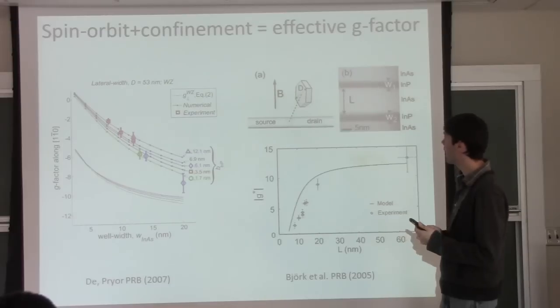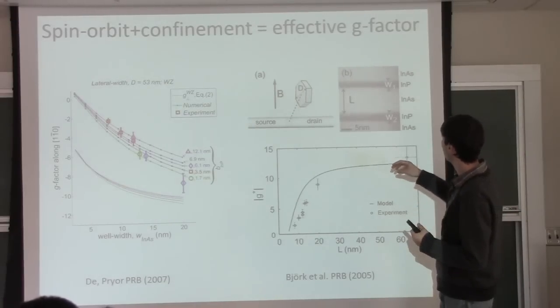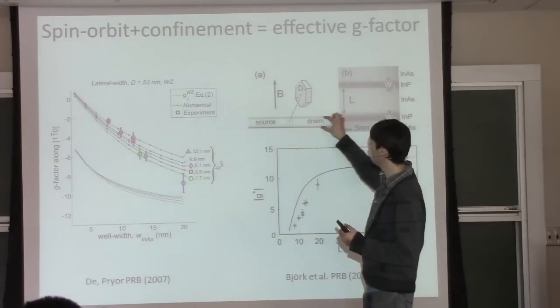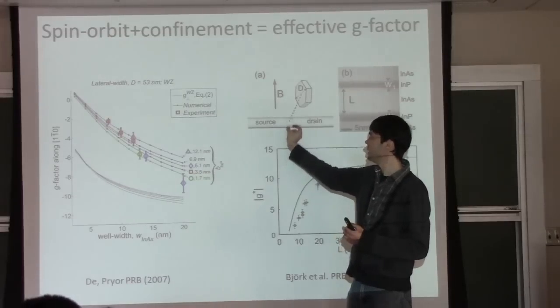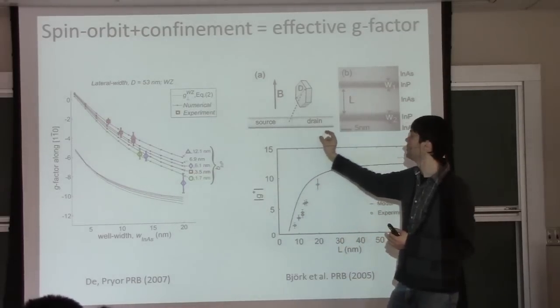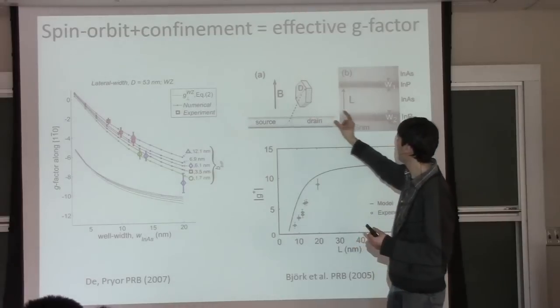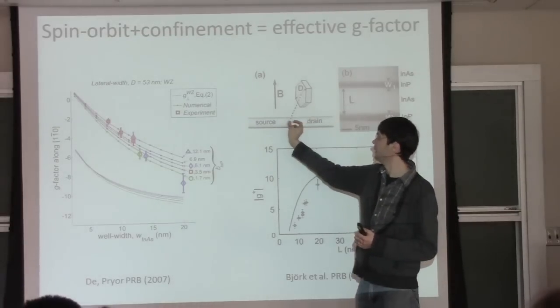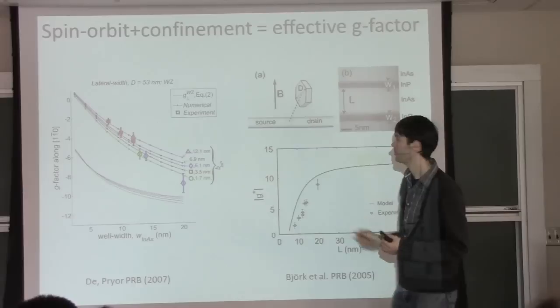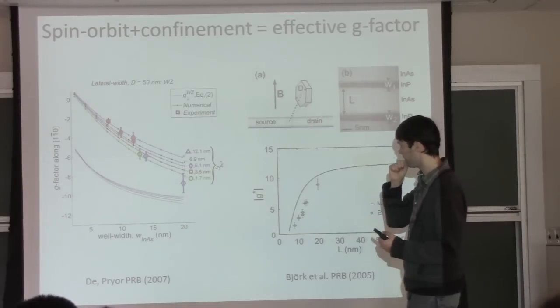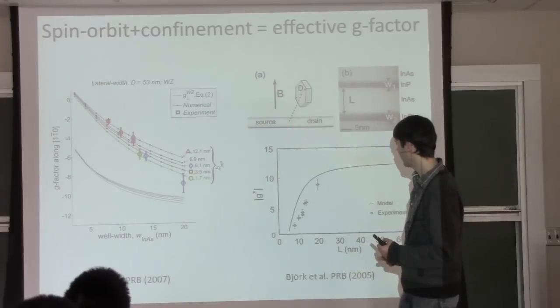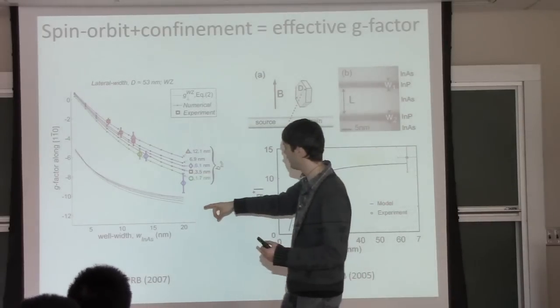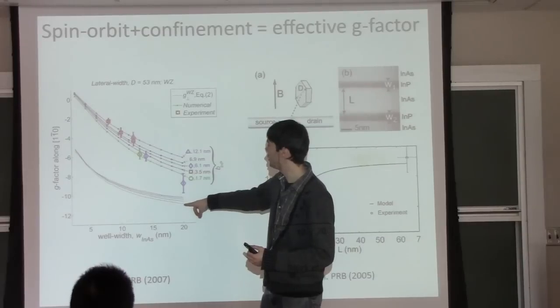Here I show a couple of graphs that illustrate this effect. They have calculated it for a system which is a nanowire with a quantum dot which is a disk inside the nanowire. So it's a disk like that, and they can play with L, the size of the disk. So when they have a very fat disk, they calculate very large g factors.